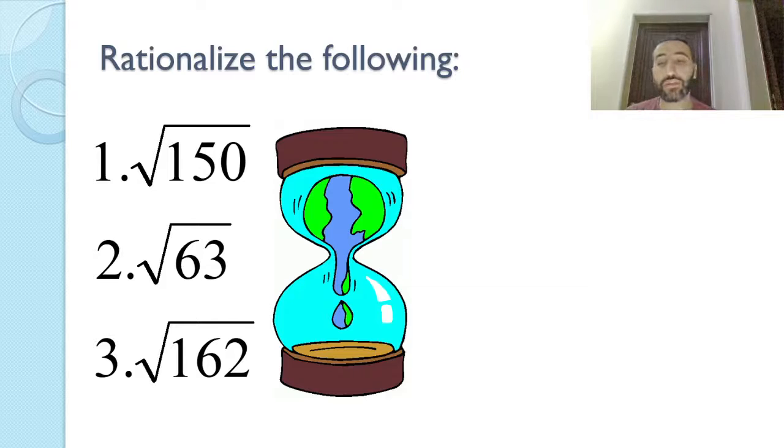So radical 150 you write as radical 6 times 25. I'll not write it, I'll let you write it in your copybooks. So radical 150 equals radical 25 times 6, equals radical 25 times radical 6, and radical 25 is 5, so it is 5 radical 6.